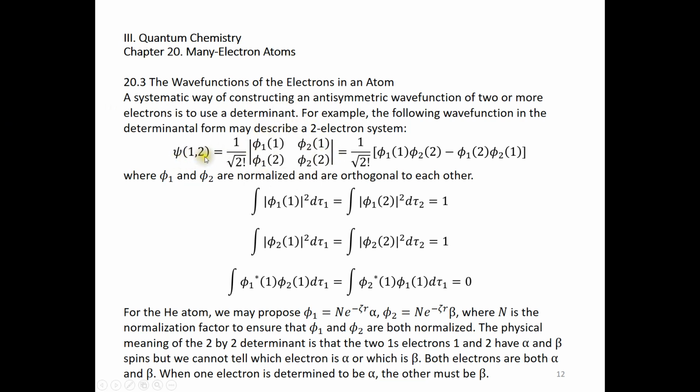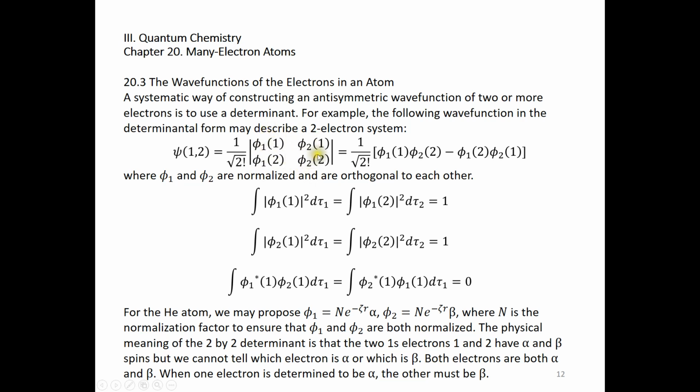The wave function of two electrons, 1, 2, can be expressed as 1 over the square root of 2 factorial times a determinant. In this determinant, electron 1 occupies the first row, electron 2 occupies the second row, and we have phi 1 in the first column, phi 2 in the second column. Phi 1 and phi 2 must be different.